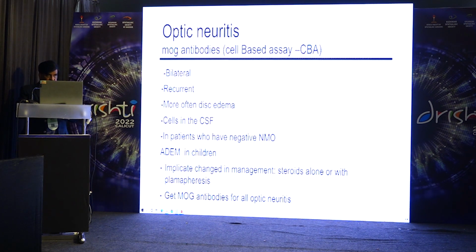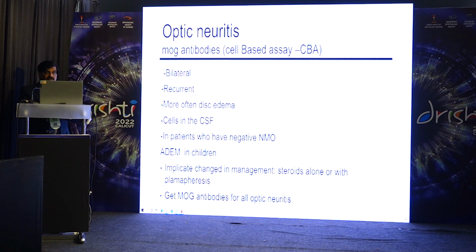The second one is MOG. Some patients may be AQP4 negative, but still they have optic neuritis. You do the MOG antibodies. If that is positive, it is MOG antibody positive. It is a cell-based assay, and you have to treat that also in a different pattern. It can occur in adults and also in children.